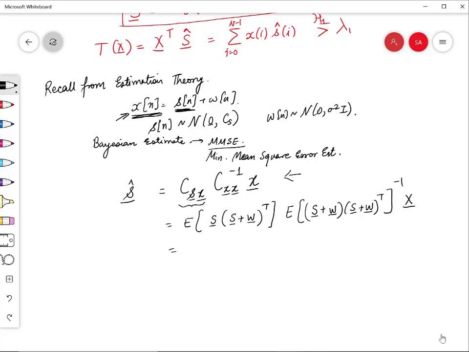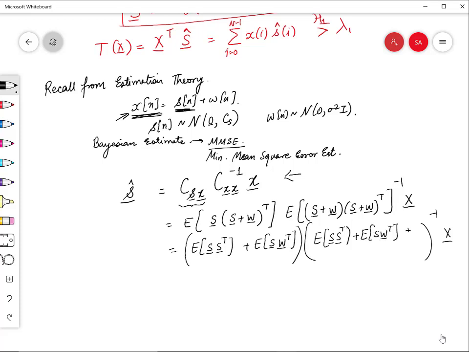I can open this bracket, so the first part becomes expectation of s s transpose plus expectation of s w transpose, times the inverse of this expectation, and there will be 4 terms here: expectation of s s transpose plus expectation of s w transpose plus expectation of w s transpose plus expectation of w w transpose.